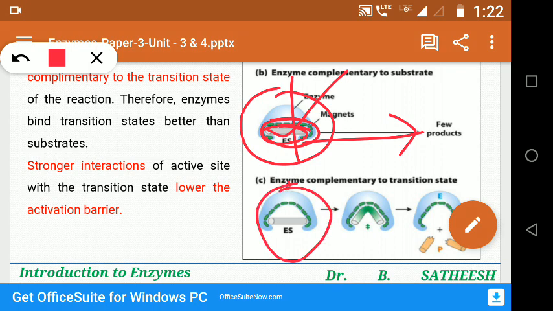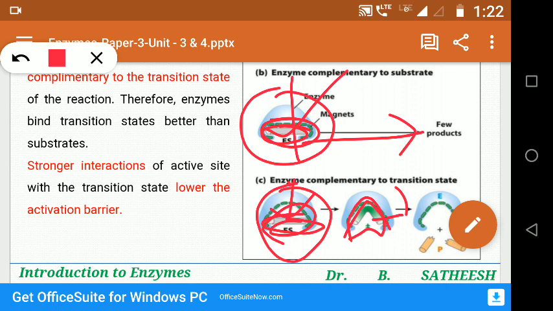But when we look at the third theory, that is the substrate strain theory, the active site is not at all complementary to the substrate, but it is complementary to the transition state. So once the substrate binds to the active site, the active site will induce strain on the substrate, and because of that effort the substrate becomes a transition state easily.